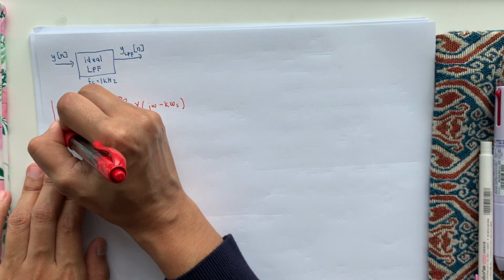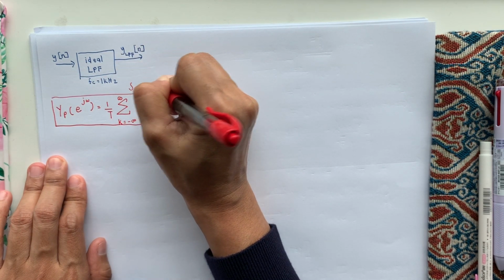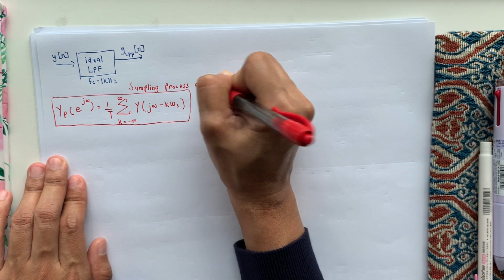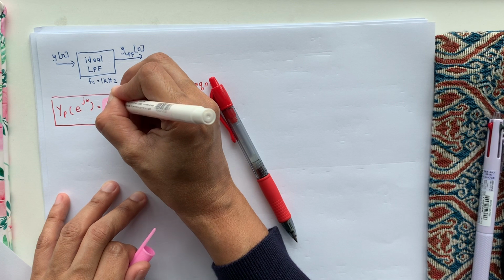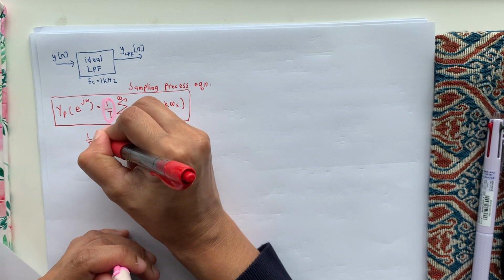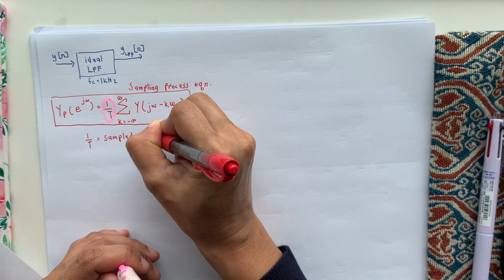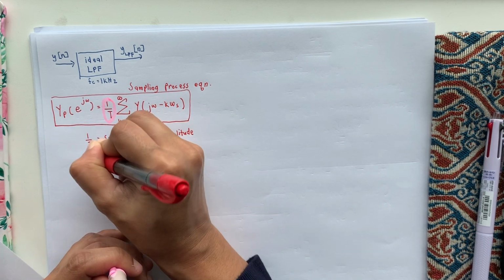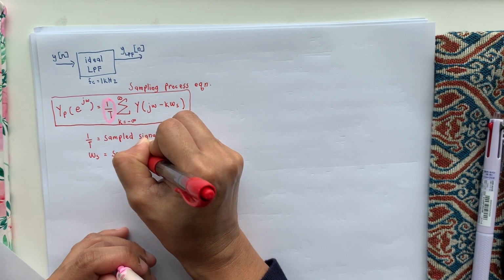So basically y(t) is coming from your sample signal amplitude, this 1/T is the sample signal amplitude. Omega S is your sampling frequency.